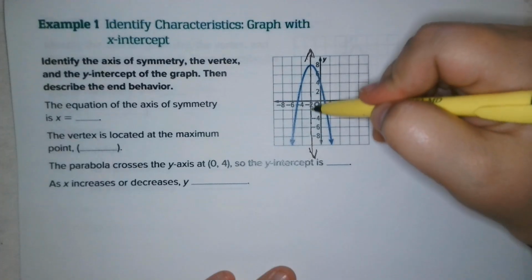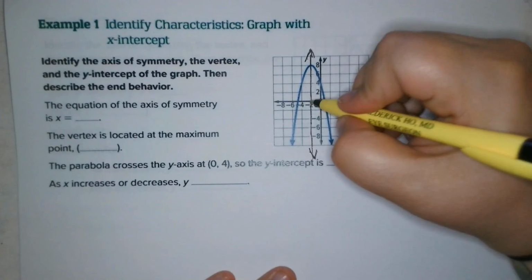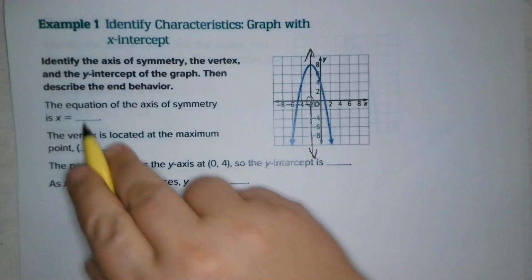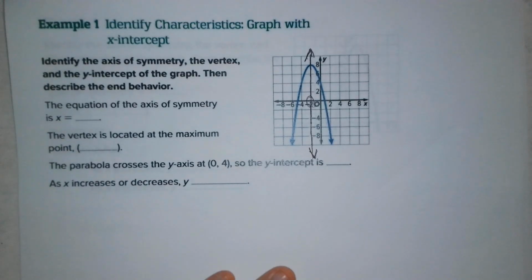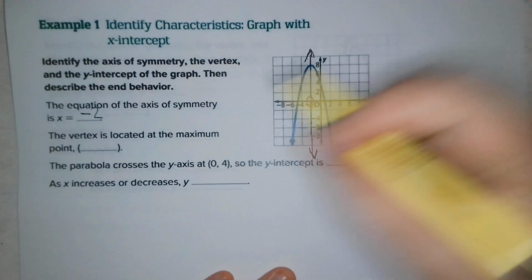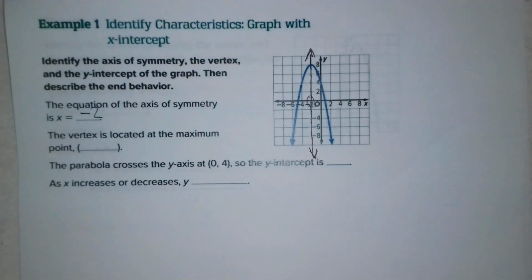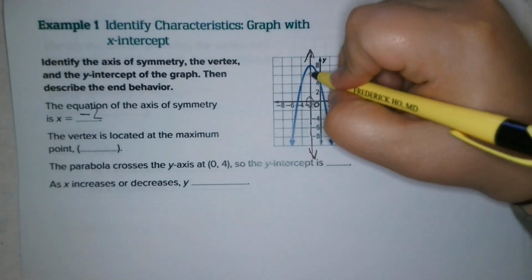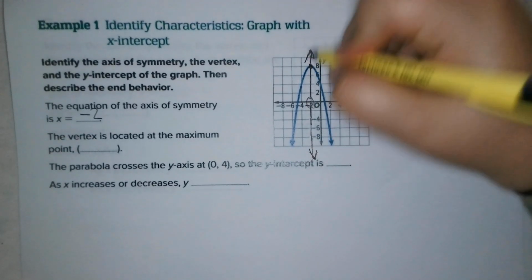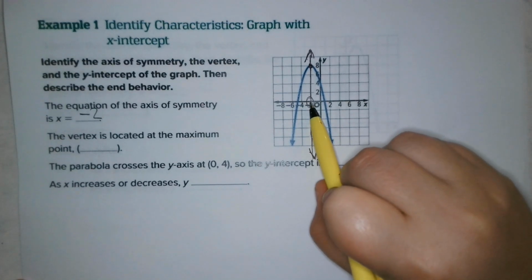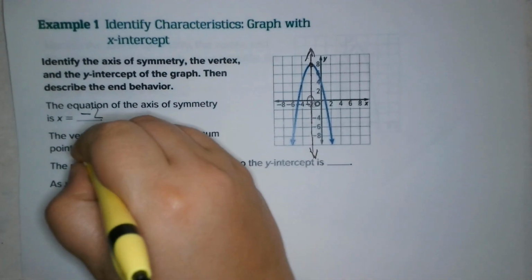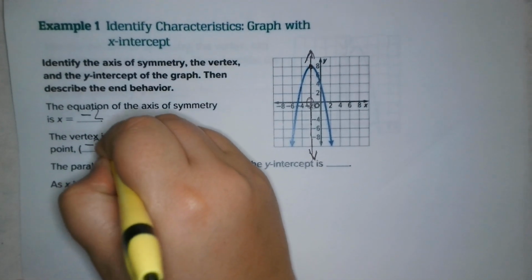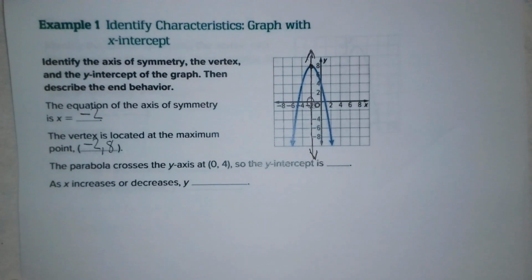So where this line that I drew, where it crosses the x-axis right here, that is going to be my axis of symmetry. So x equals -2 is my axis of symmetry. So the vertex is located at that maximum height up here. So what is that? I've got -2, 8. So the vertex is -2, 8.